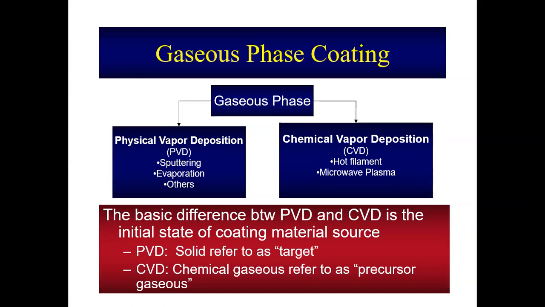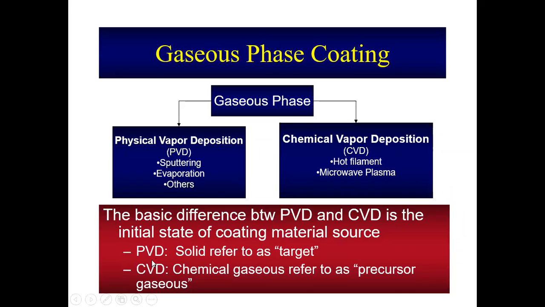Then we convert the solid titanium aluminum target into gaseous phase. It will combine with the nitrogen, and deposit itself on the substrate and become titanium aluminum nitride. So that's what is meant by the initial state of the coating material source.